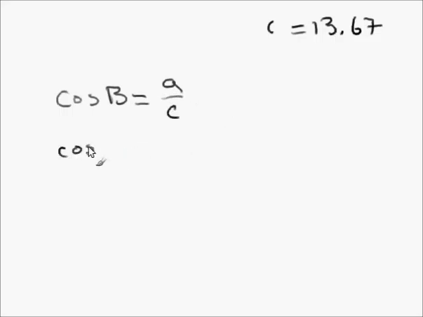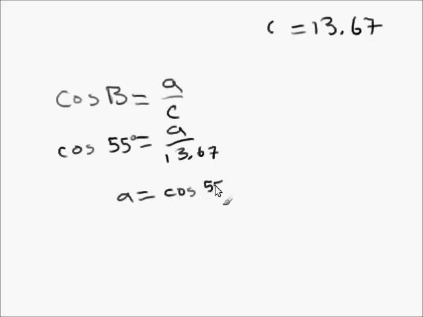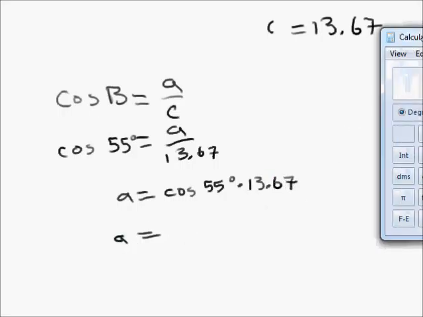So the cosine of 55 degrees is equal to a divided by c, which we found to be 13.67. So a is equal to cosine of 55 degrees times 13.67. Let's see what that is.